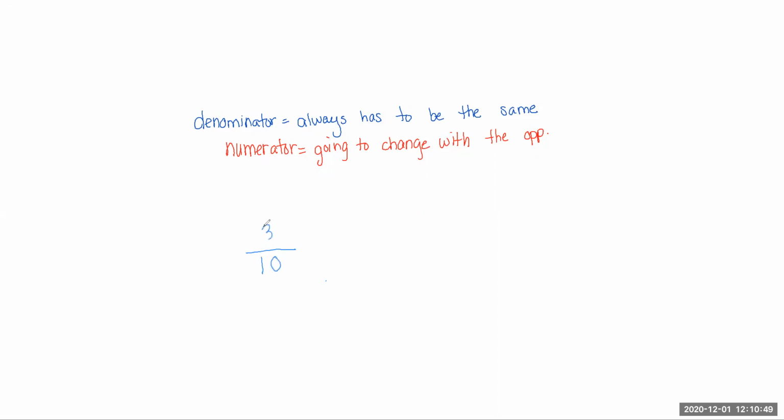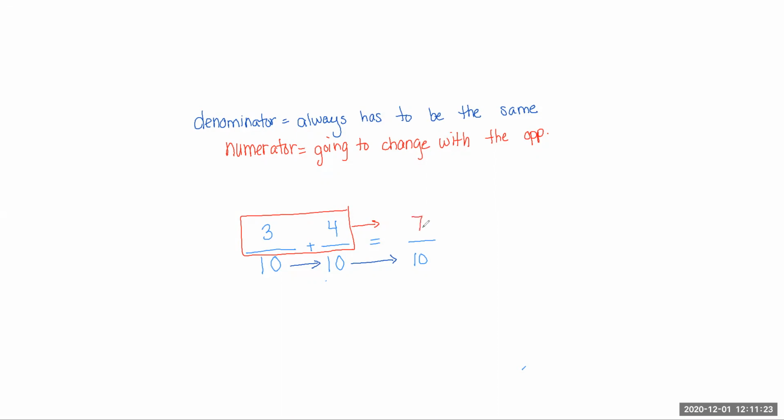If I have 3/10 plus 4/10, remember my denominator is just going to stay the same. So I'm going to have a 10 on the bottom. My numerator is what I'm going to do the operation on: 3 plus 4 equals 7.